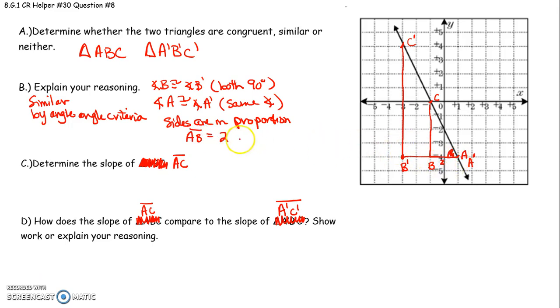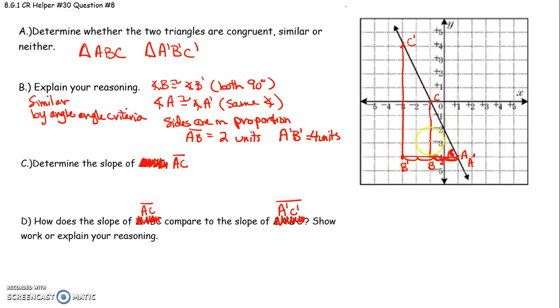Right there, that's 2 units. If I look at A prime, B prime, that is 1, 2, 3, 4 units. So you can see to get from AB to A prime, B prime, you multiply by 2.